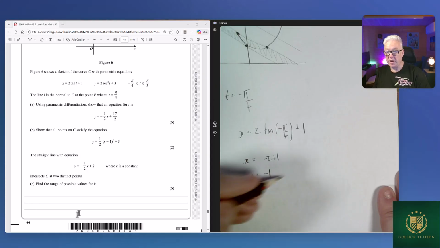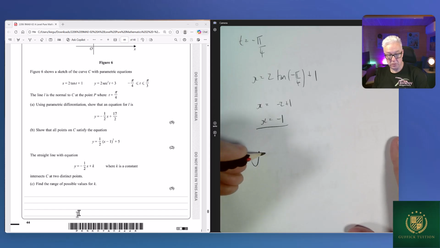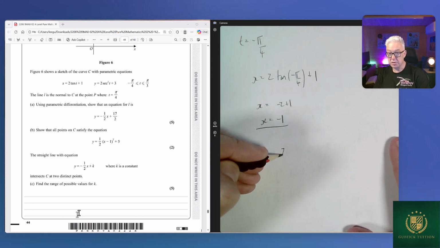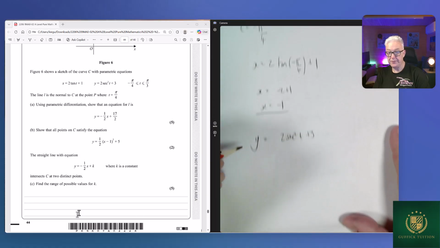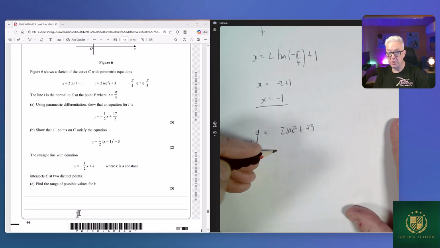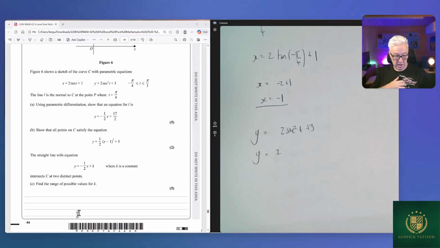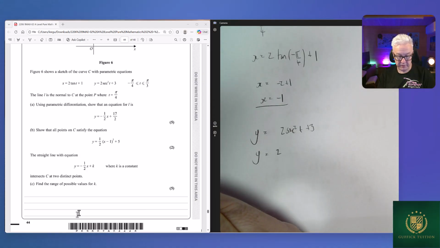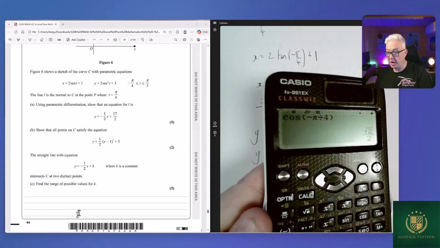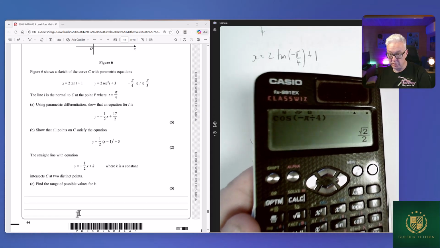Let's see what our y value is going to equal. So y is going to equal 2 lots of sec squared t, add 3. Sec is 1 over cos, so I want cos of -π/4, which is √2/2 again.